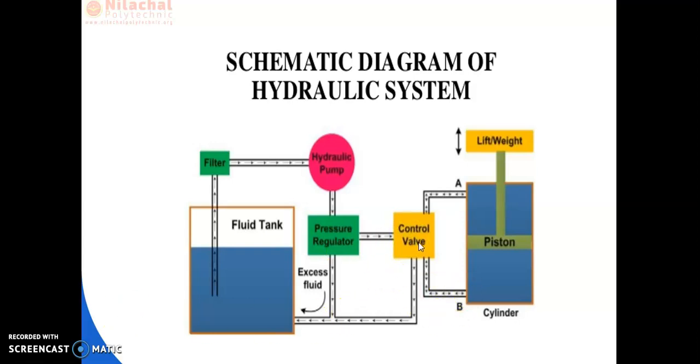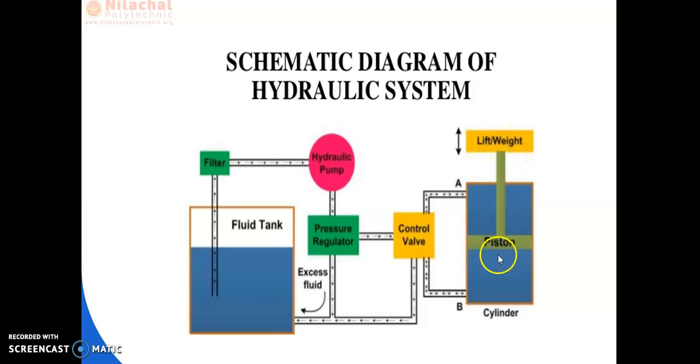The control valve allows the pressurized oil to reach points A and B of the piston-cylinder arrangement. The load is lifted or lowered by the piston rod.